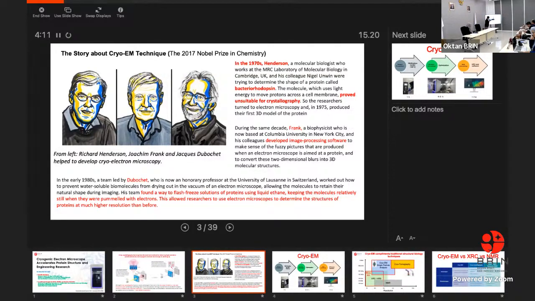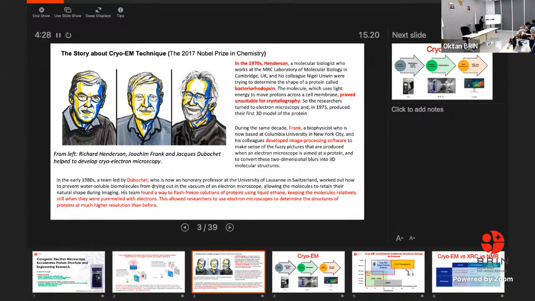During the same decade, Joachim Frank, a biophysicist, developed image processing software.